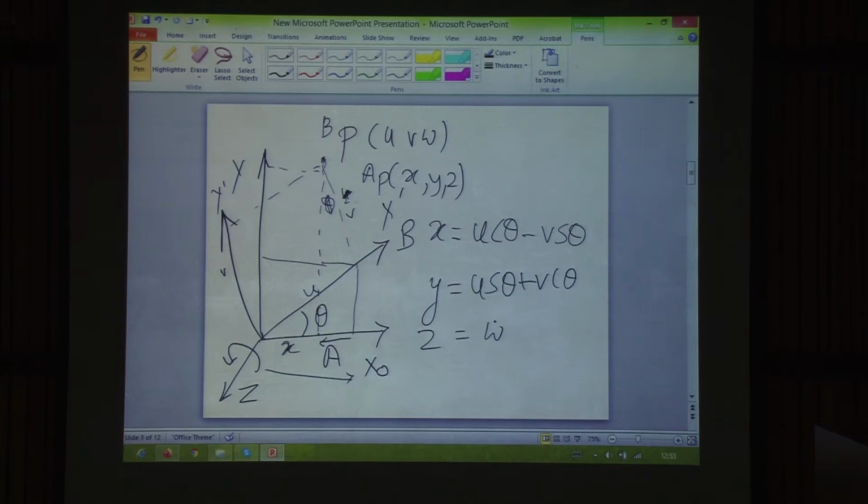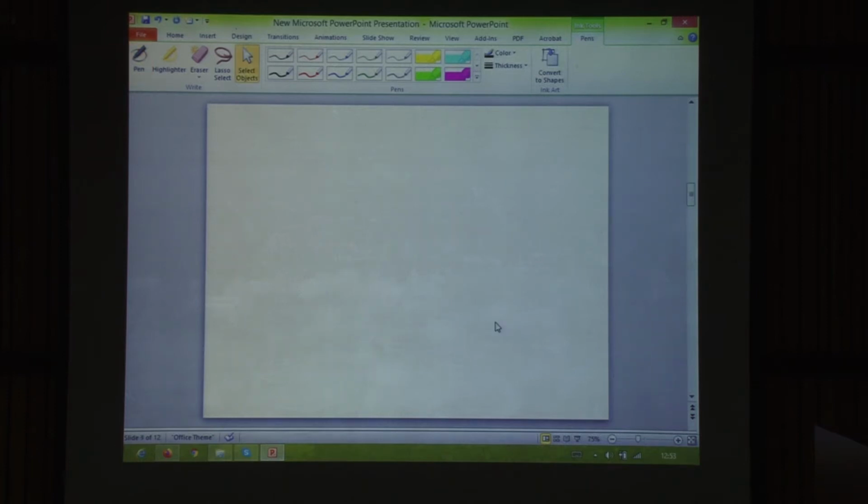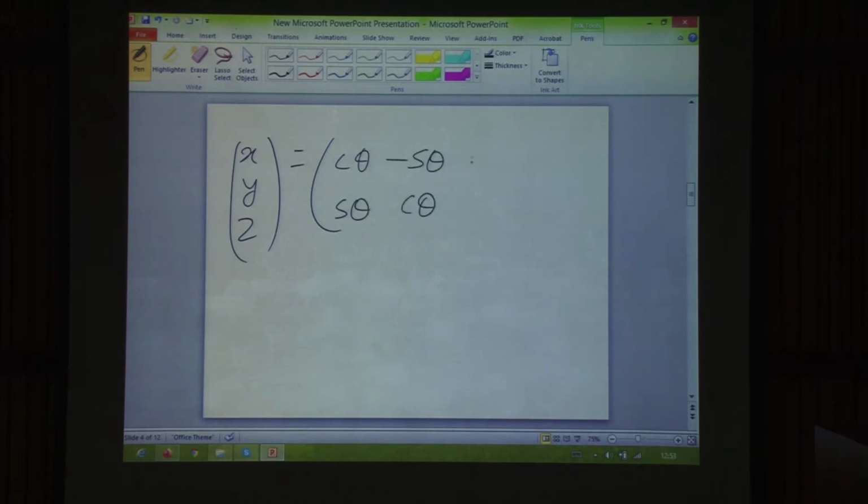So, if I write it in matrix form, then I can write x, y and z on the left hand side, which is equal to cos theta, minus sin theta, and sin theta, cos theta, 0 0 1 0 0, and on the other side we have u, v and w.